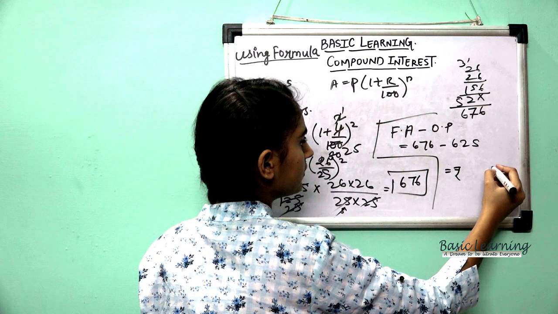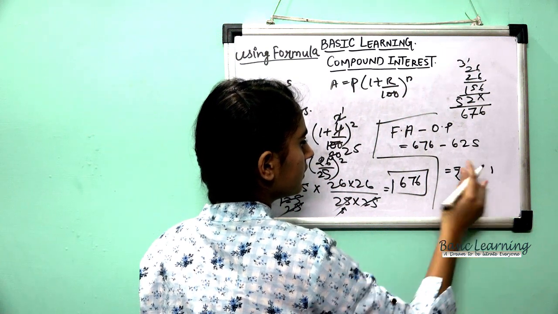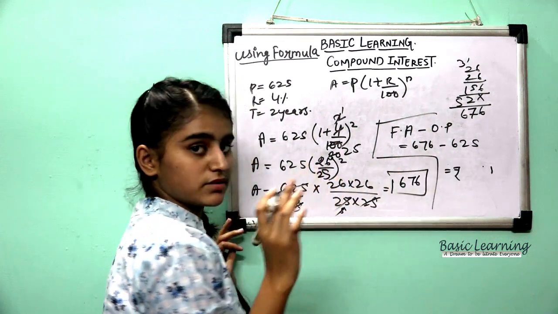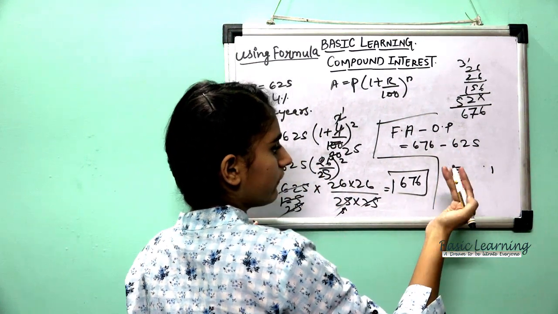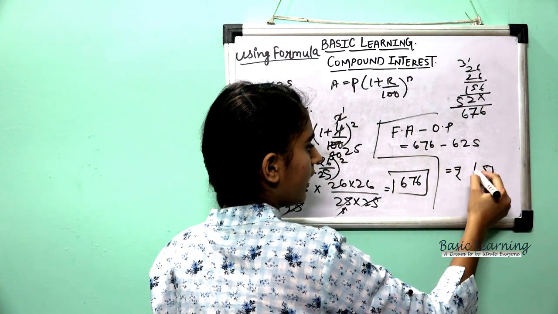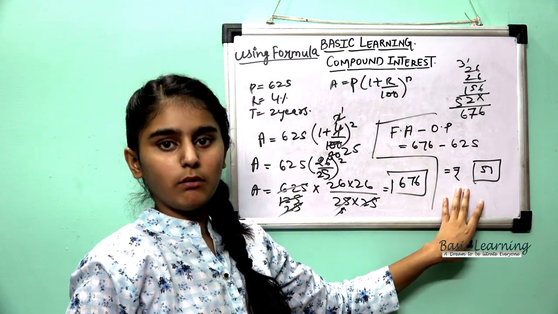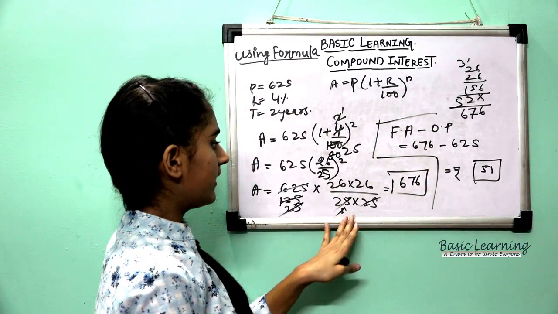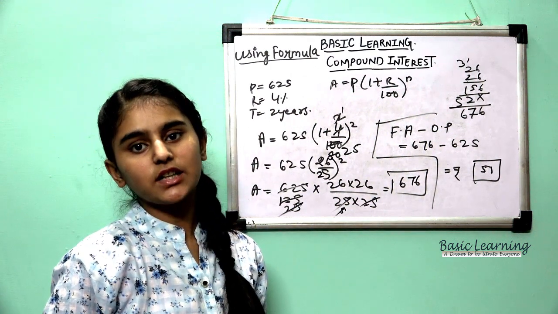So here we have to subtract this. 2, 3, 4, 5, 6, 7, that is 5. Here we are with 51 rupees. So this is your compound interest and the amount is 676. I hope this question is clear to you.